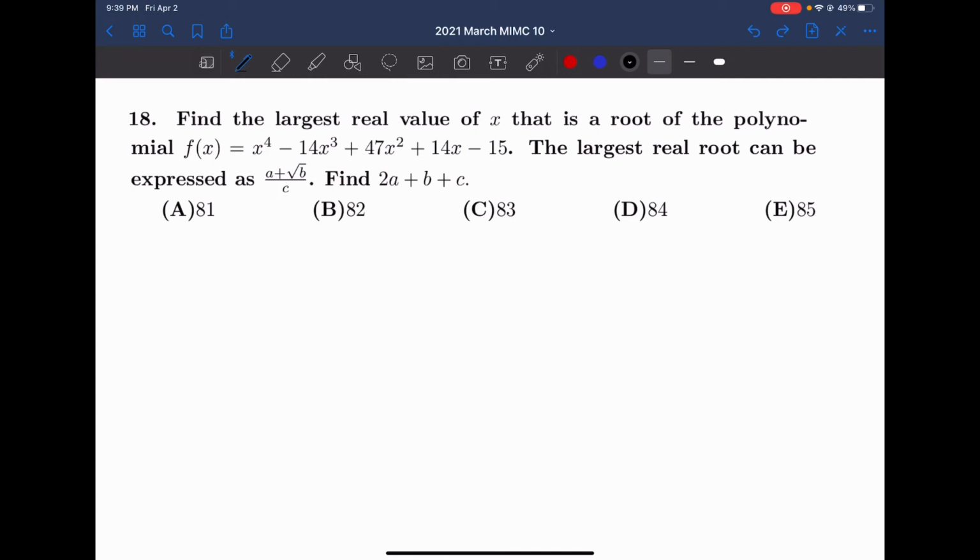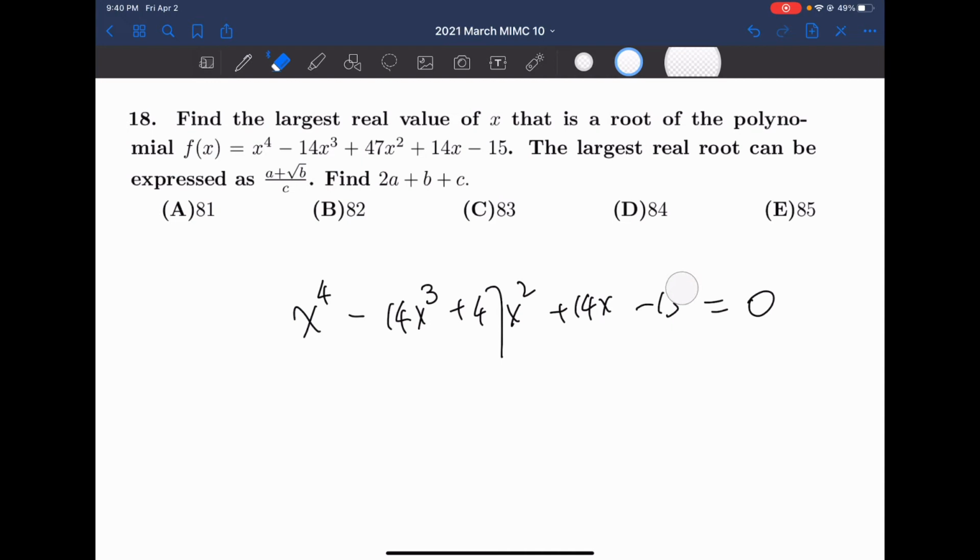Therefore, we can write down the equation as x to the 4th minus 14x cubed plus 47x squared plus 14x minus 15 is equal to 0. And adding 16 to both sides to make it symmetrical, we can get that this whole expression plus 1 is equal to 16.